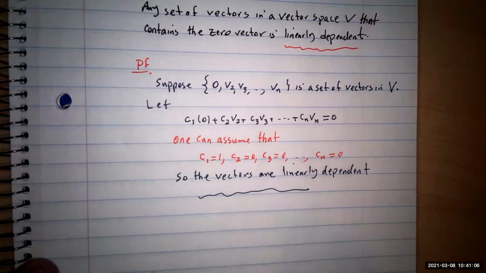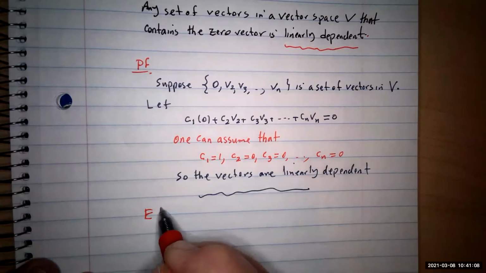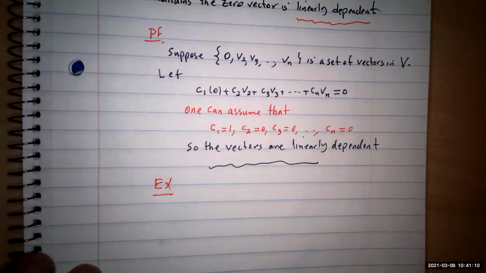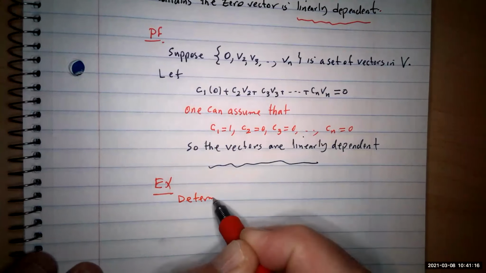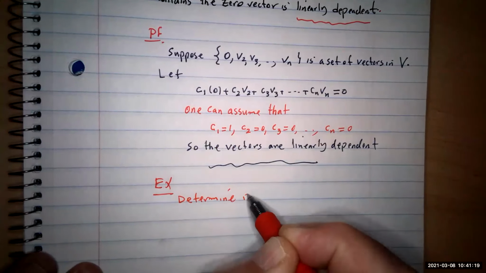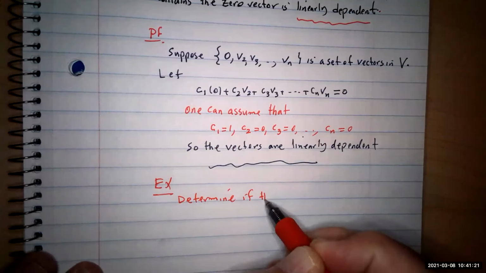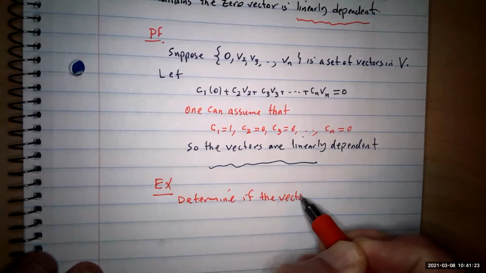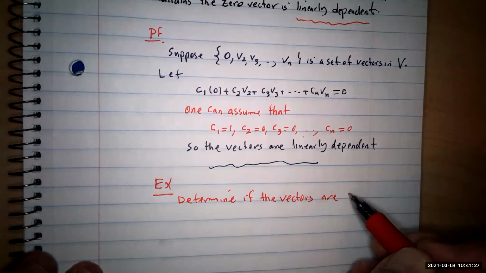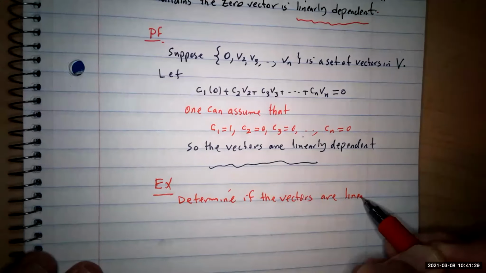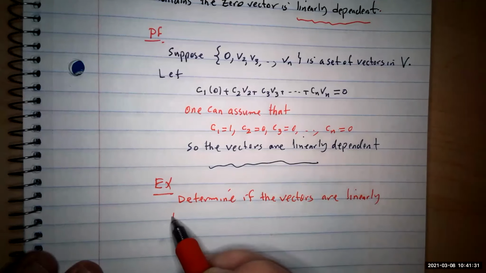Example 1: we want to determine if the vectors are linearly dependent.